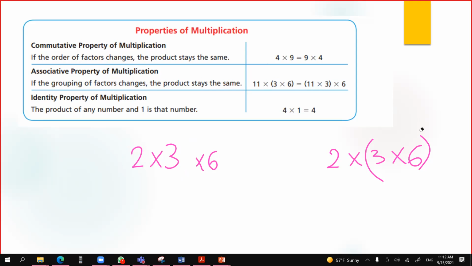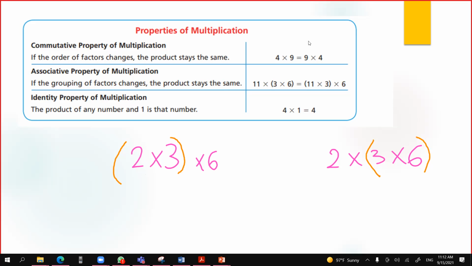When you multiply 3 numbers, first you multiply 2 numbers, and the product of them will be multiplied by the third one. And sometimes you want to multiply the second and the third number, and the product of them will be multiplied by 2. Let's see if we have the same answer by the second arrangement.